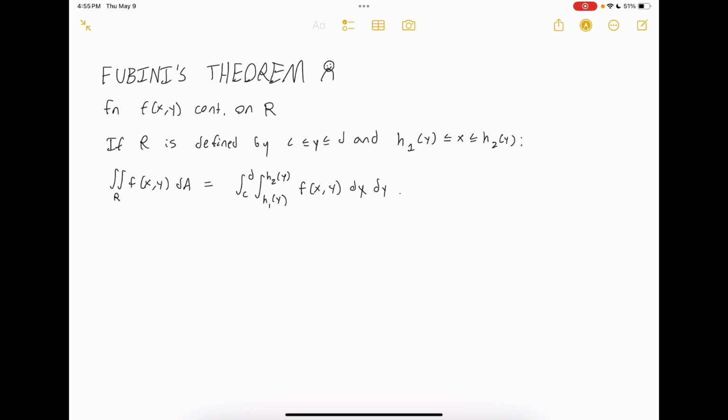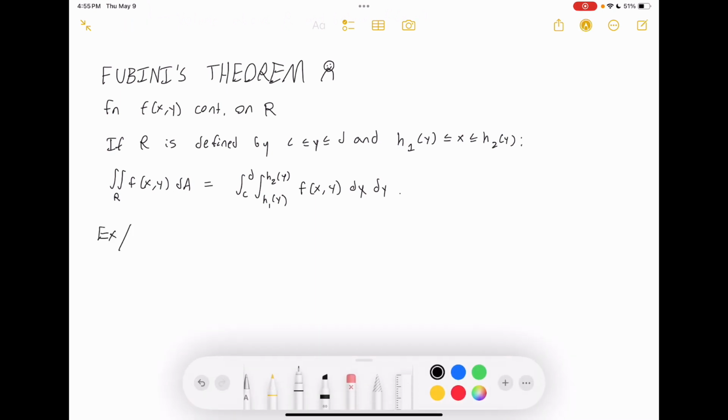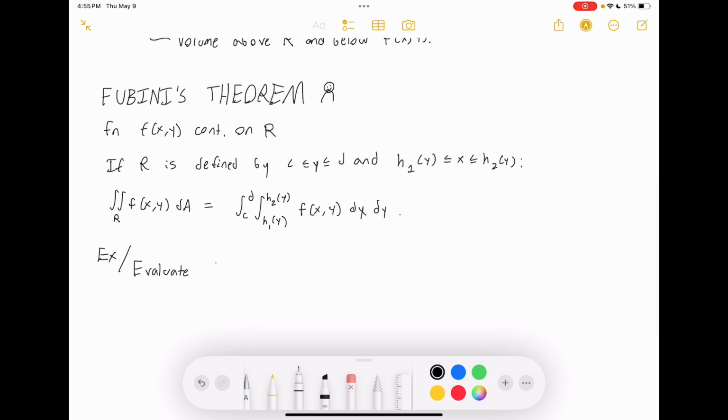So let's now apply that to a quick example where we convert a double integral to an iterated integral. Now, let's just say, hypothetically, we have an integral that looks like this. Let's do the classic example. Let's say we have to evaluate the double integral over region R of 1 minus 1/2 x squared minus 1/2 y squared dA.